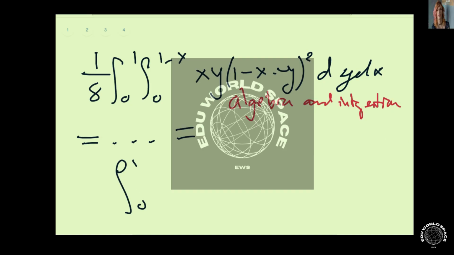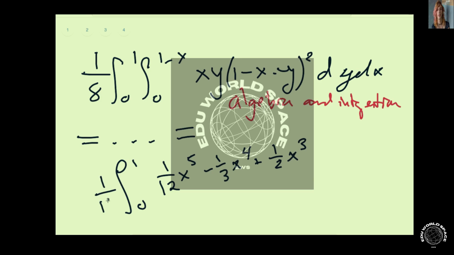So we've got the integral from 0 to 1 of 1 over 12 x to the 5th minus 1 over 3 x to the 4th plus 1 over 2 x to the 3rd.